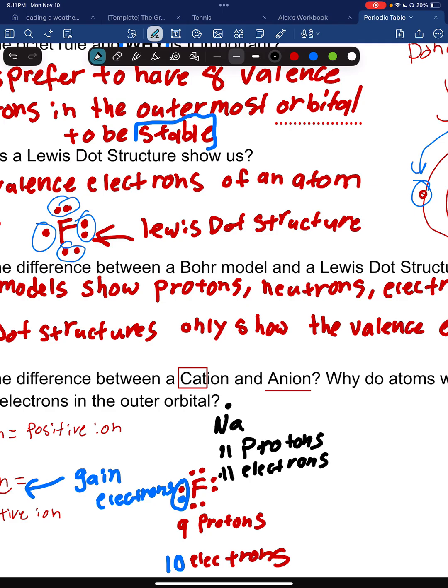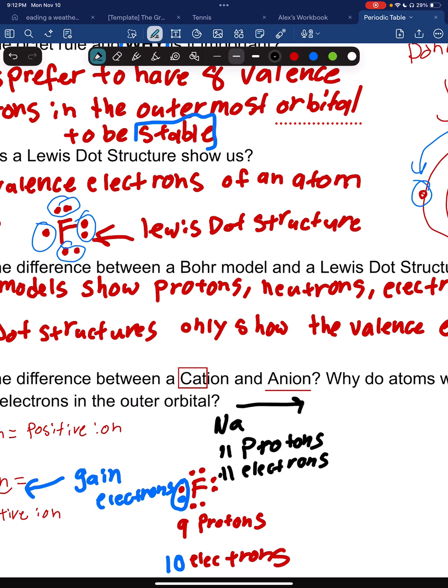Now, our metals, okay, our group 1, our group 2, and our group 3 metals, they're going to want to get rid of their electrons. They don't want them. Because when they get rid of their electrons, it allows them to fall back into their stable orbital from before. Okay, so let's say it gets rid of that electron. Poof, it's gone.